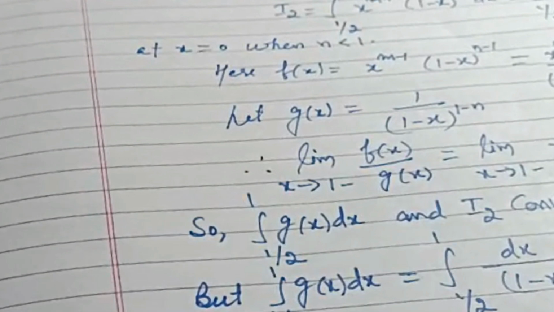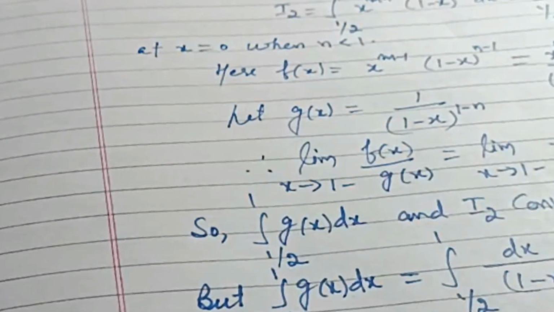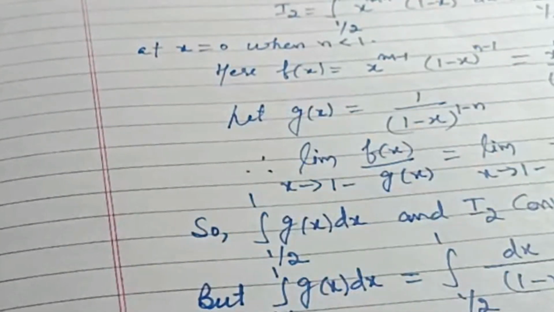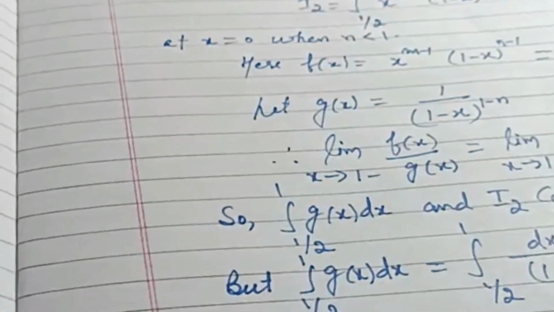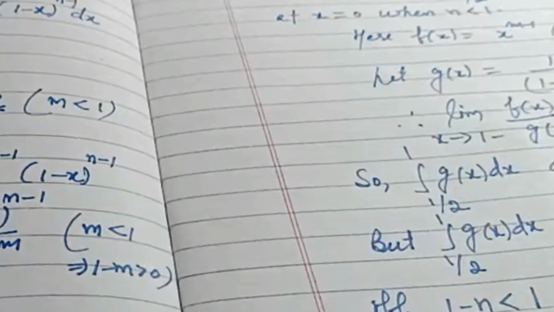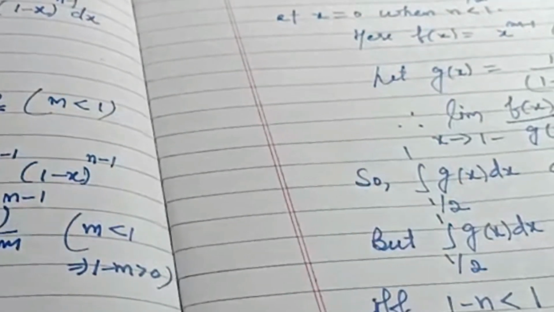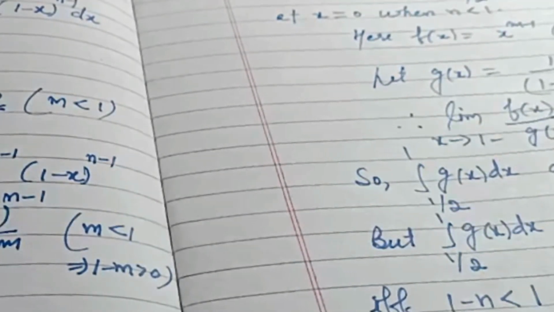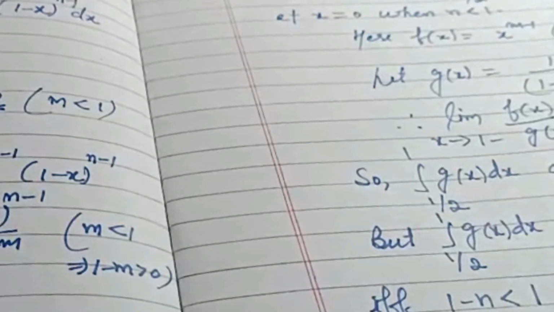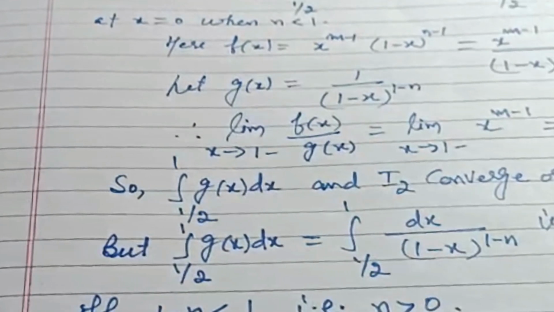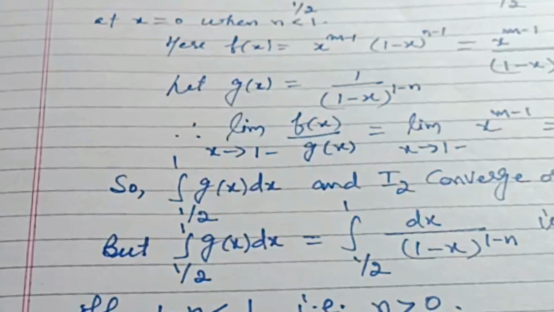That is, n is greater than 0. So finally, dear students, what we can say is that I2 is convergent at x equal to 1 if and only if n is greater than 0 but less than 1.